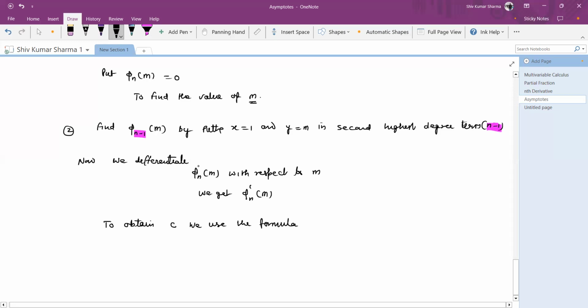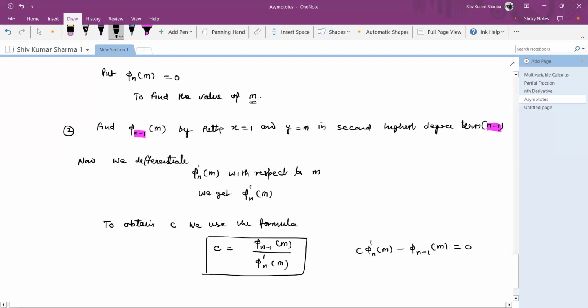We use the formula c is equal to minus phi n minus 1 of m upon phi dash n of m. Or you can write this as c into phi dash n of m minus phi n minus 1 of m is equal to 0. So this is the formula for obtaining the value of c.